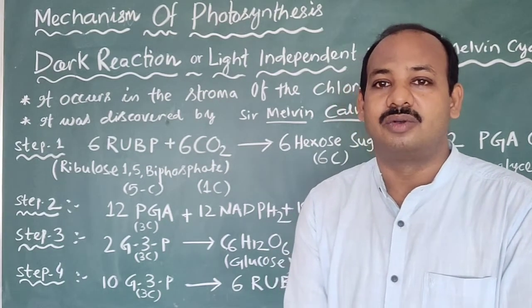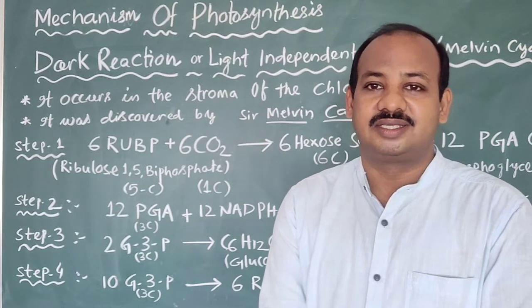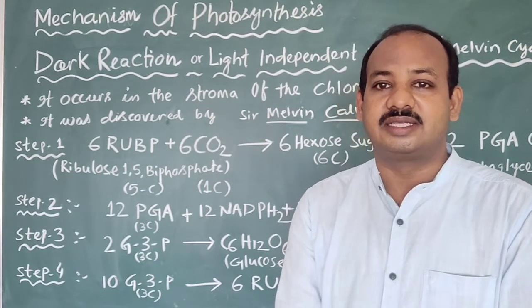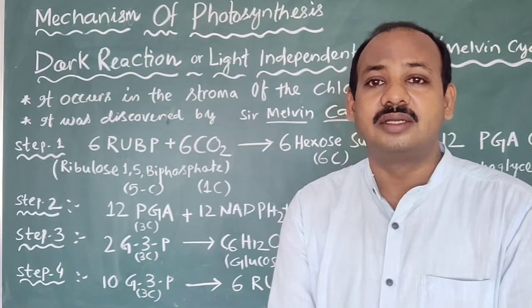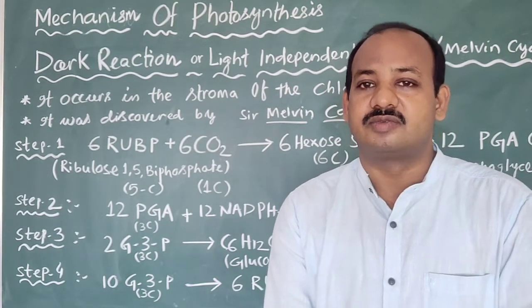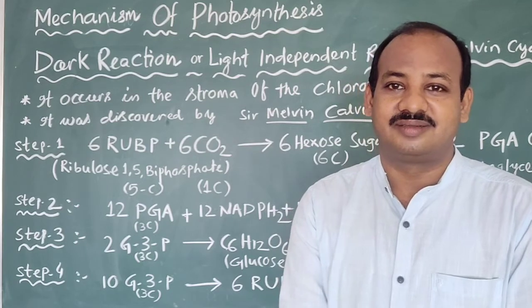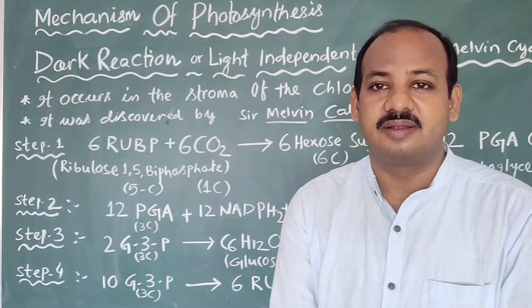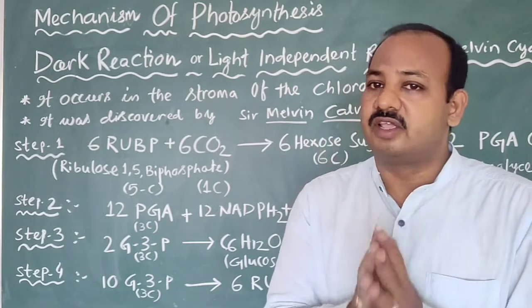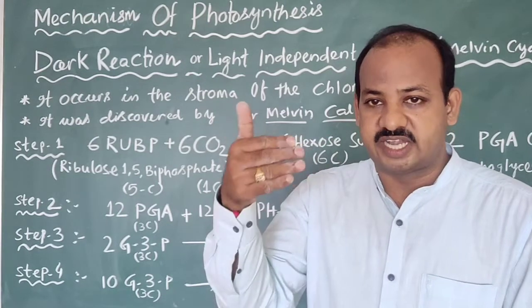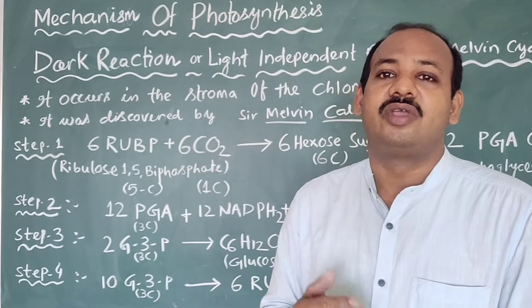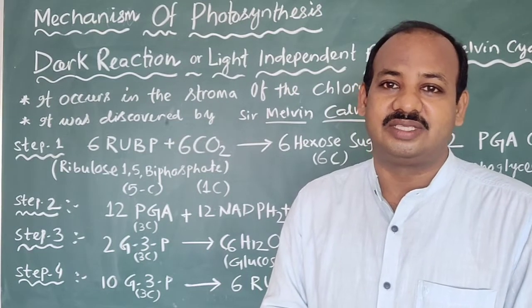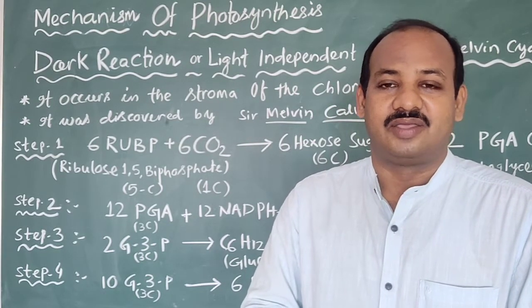So this is how during photosynthesis carbohydrates are synthesized by utilizing carbon dioxide and water in the presence of sunlight and chloroplast. Understand, children? Even though it is a very complex process, if you follow it stepwise, then you can easily understand. Okay, children? Thank you.